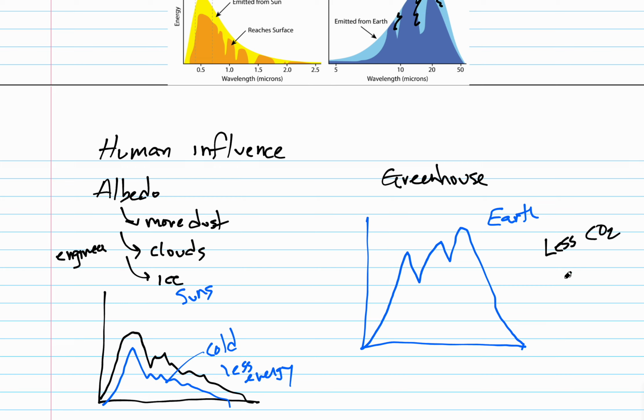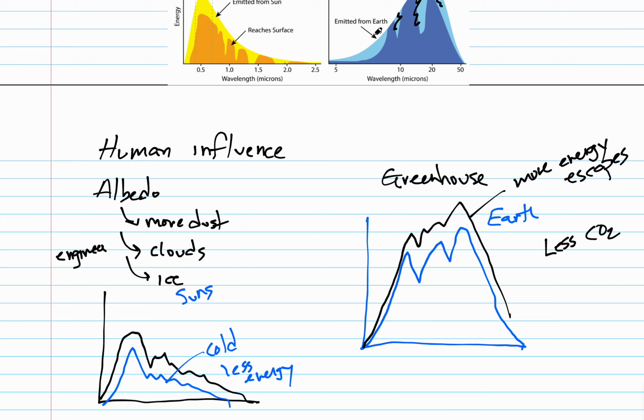Miracle upon miracles, science and engineering combine, and we don't pollute our atmosphere anymore. Well, we would create a situation where more energy escapes. If more energy escapes, we might have a colder planet. That could be a runaway effect, and we could kill all of humanity.